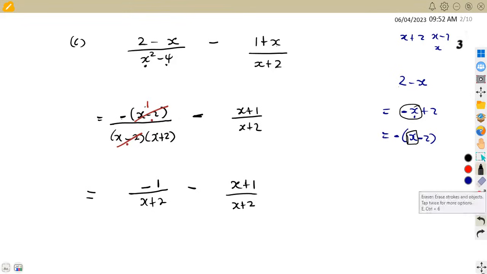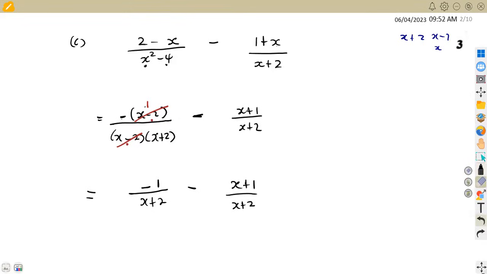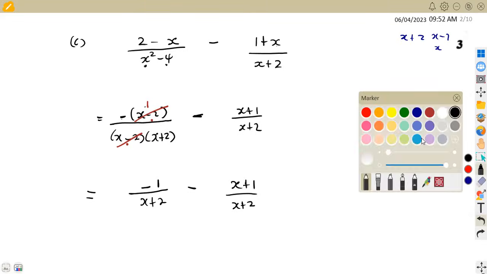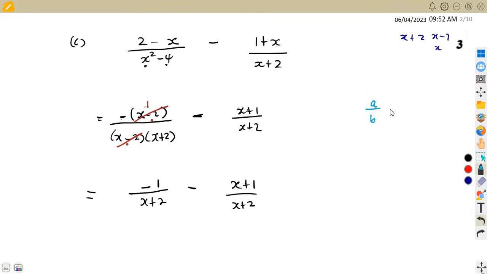If you were following our revisions, I said that whenever you are having a condition of the same denominators, in this case, you can simply add or subtract the numerators that you are given, a plus or minus c, everything over b, because these are the same. That is the condition that we have. We've got x plus 2 here. We've got x plus 2 here.